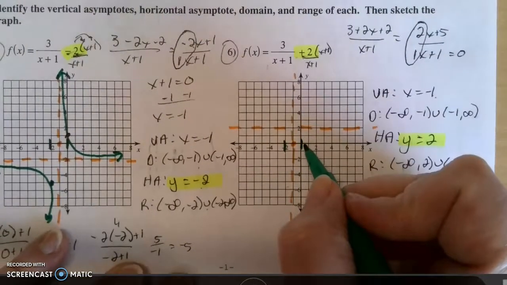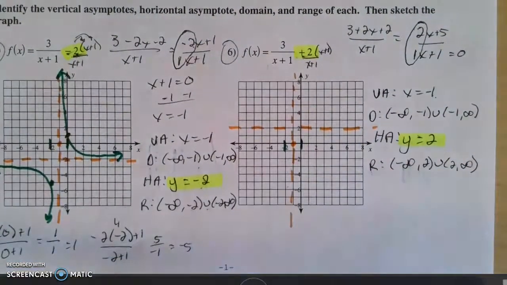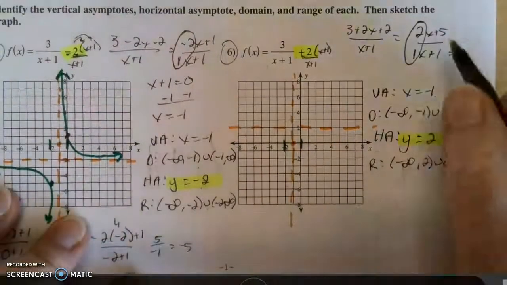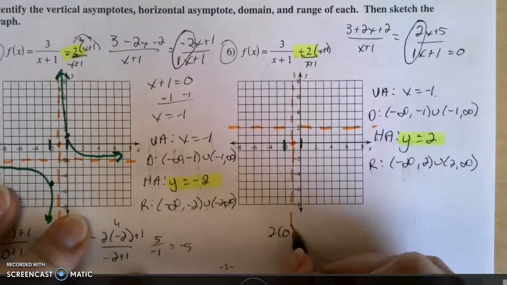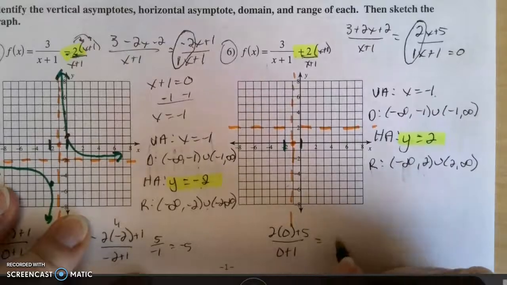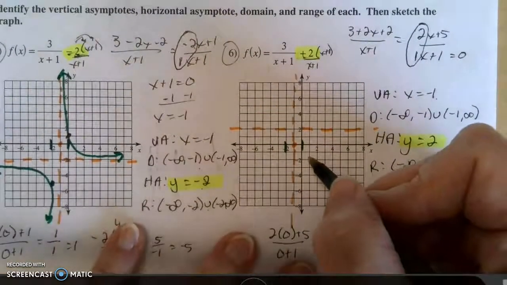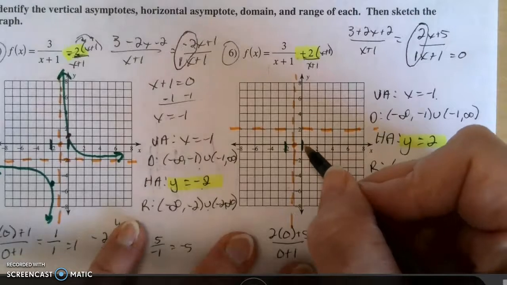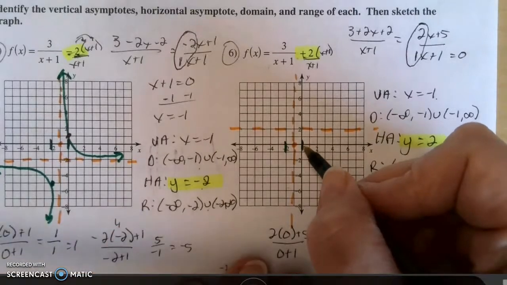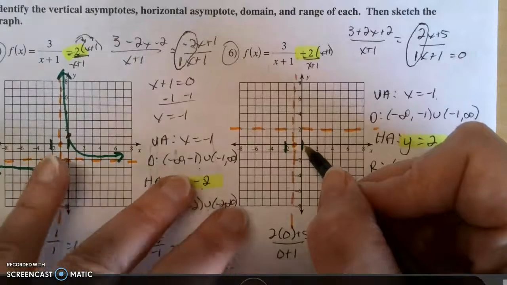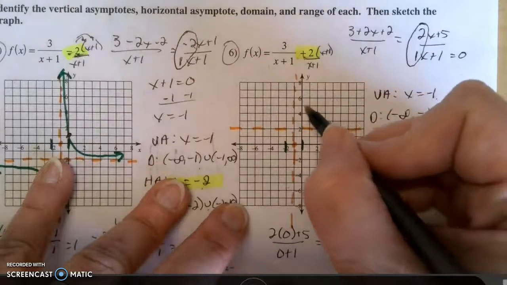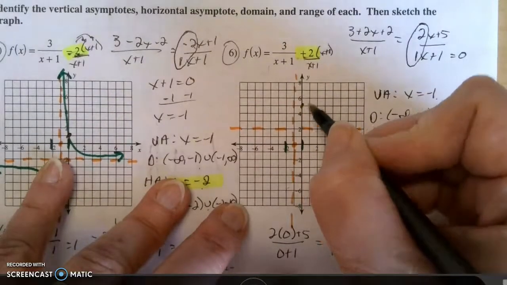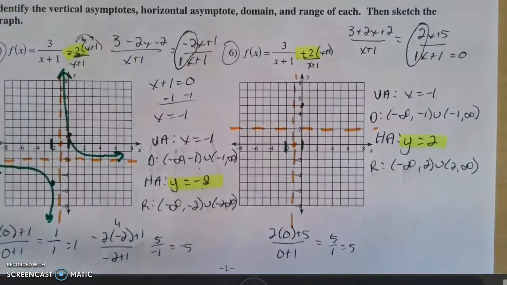So I'm going to plug in 0. I'm going to use the x value of 0. So I've got 2 times 0, which gives me 5. I better use green.